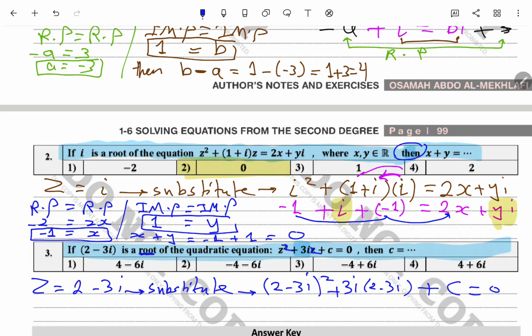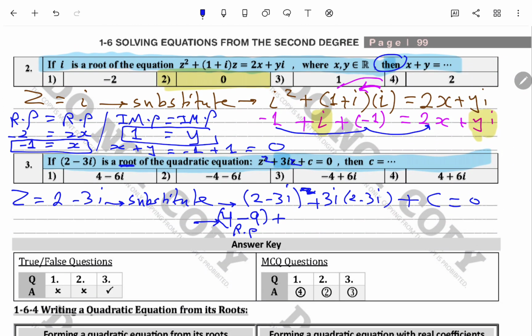Now try to expand this square using the rule: square the real part to be 4, then minus always, and square the imaginary part, which is 9, close it to be the real part, and then plus always between real and imaginary.